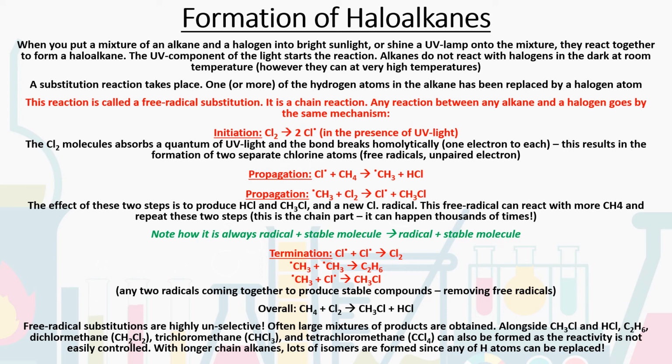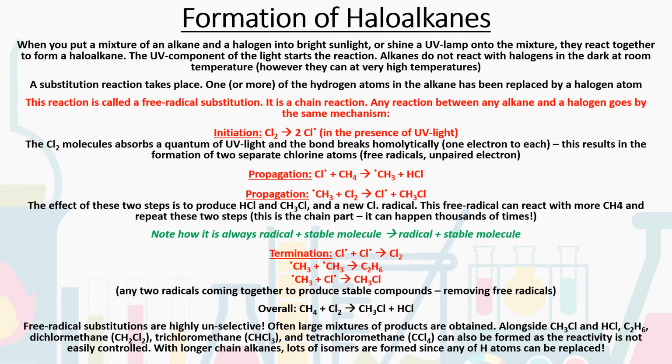So the two propagation steps are our chlorine radical reacting with the alkane. This always gives us HCl and, in this case, a methyl radical. The second propagation, we take the radical we've formed, we react it with more of our halogen, Cl2 in this case, to reproduce the chlorine radical and to make our haloalkane.